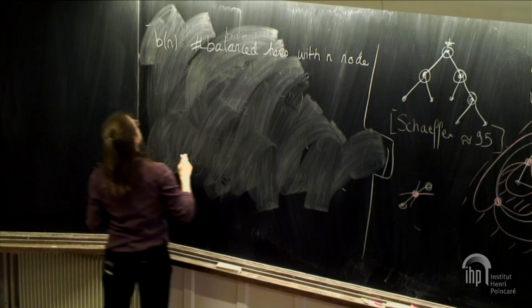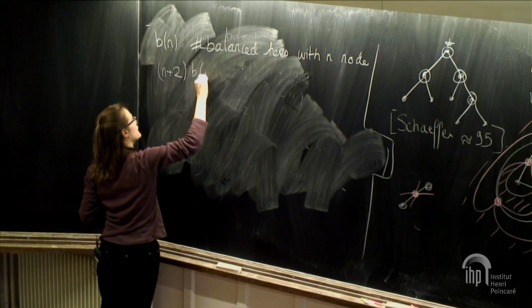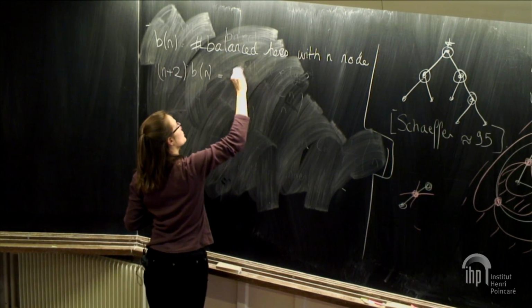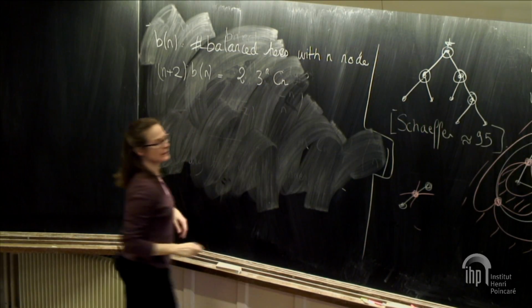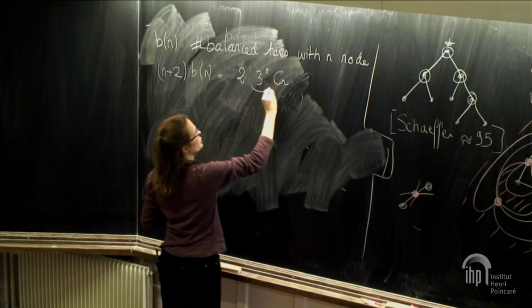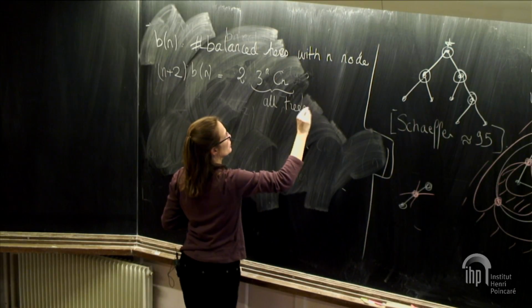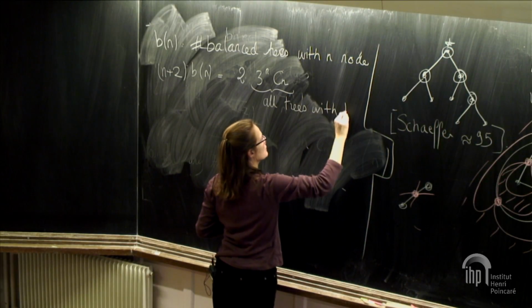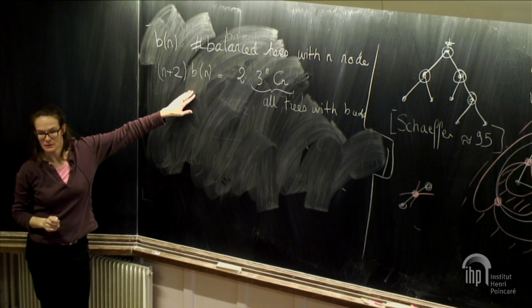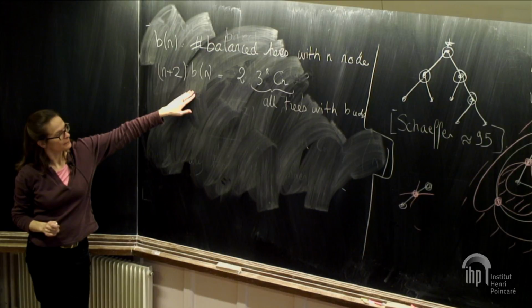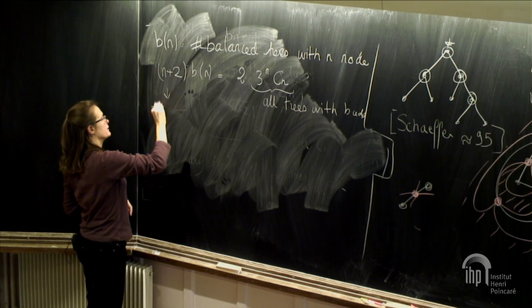And what I'll prove is that n plus 2 times B of n is 2 times 3 to the n times the nth Catalan number. So that's just all trees with buds. And this is the number of balanced ones. And I recall that in those trees, this is the number of leaves.